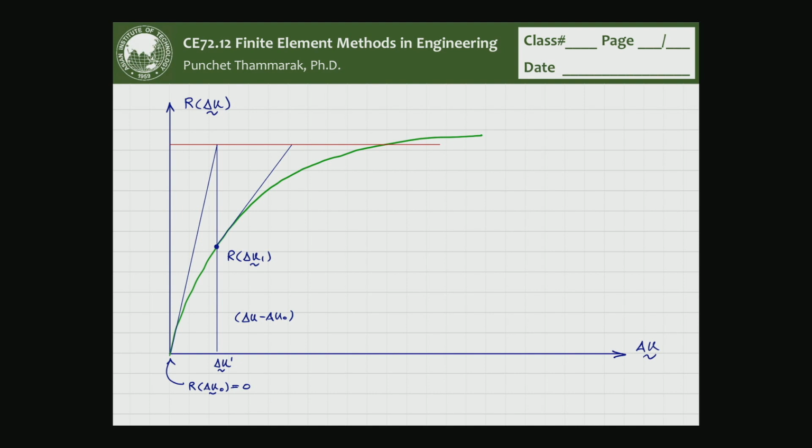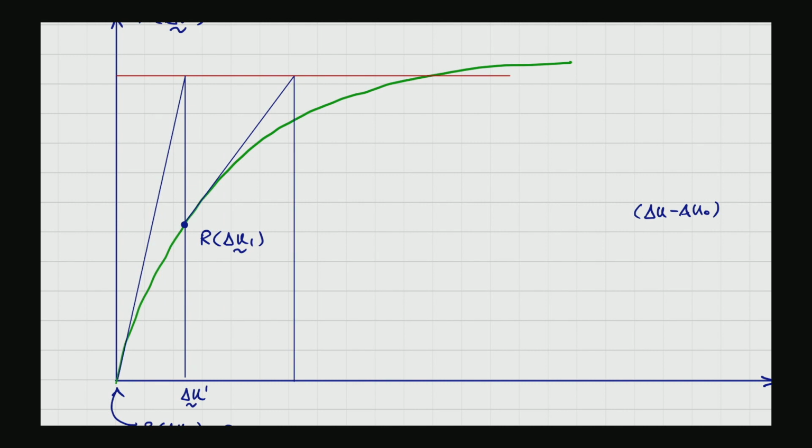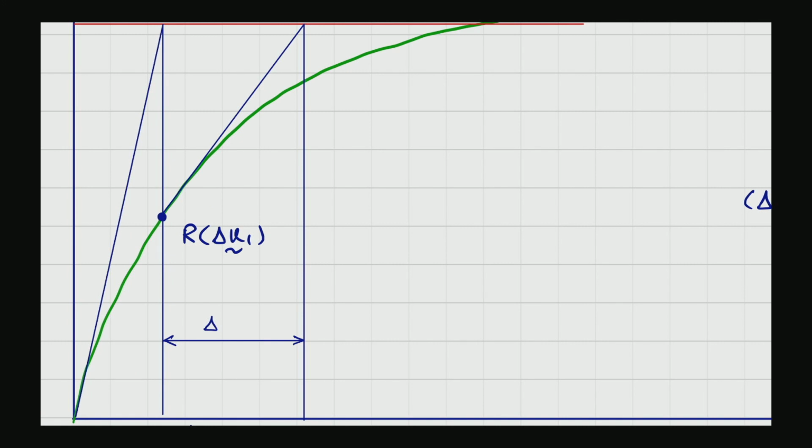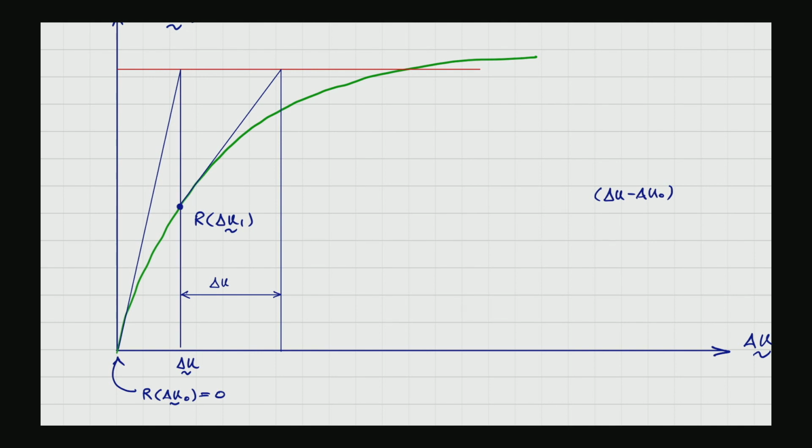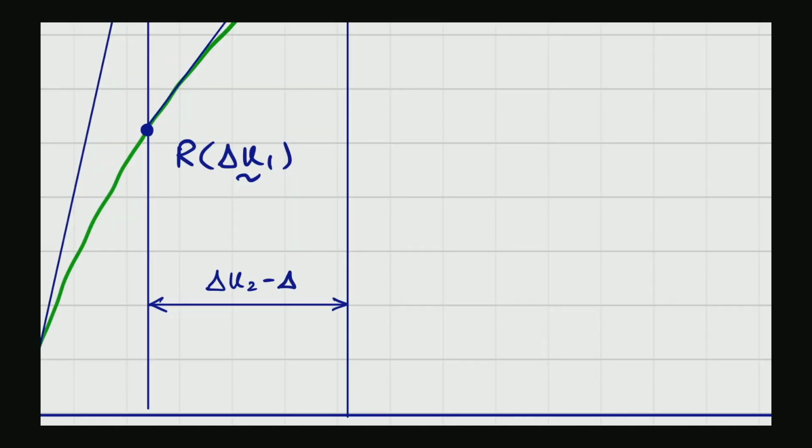Now you get the new solution, and this part here is delta U2 minus delta U1.